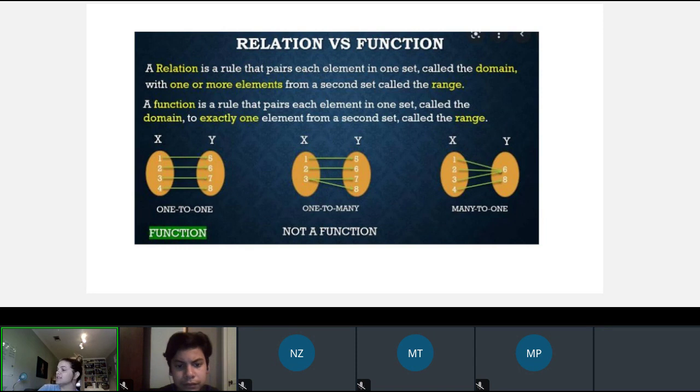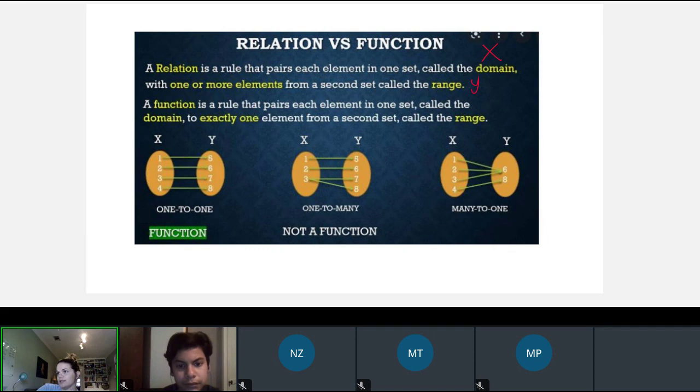Exactly, Amari. Y's can repeat. X's cannot if it's a function. If it's a relation, then they can. But we're mostly just determining whether or not something is a function. So a function pairs each element in the domain, or all the x values, to exactly one of the y values, or the range.